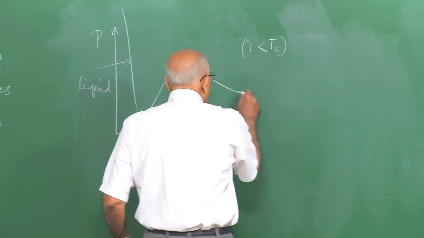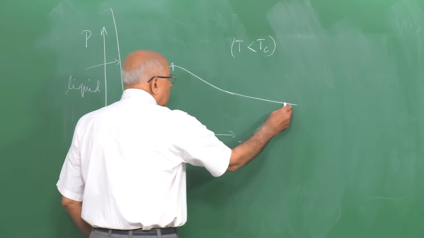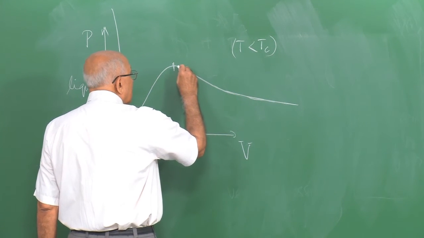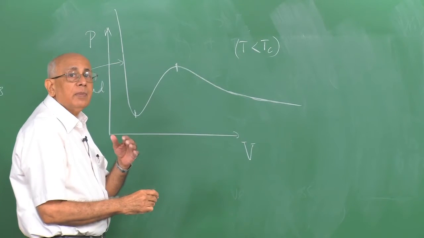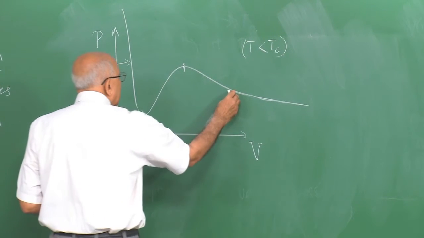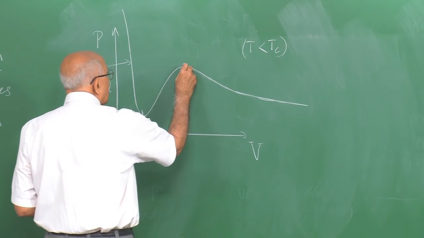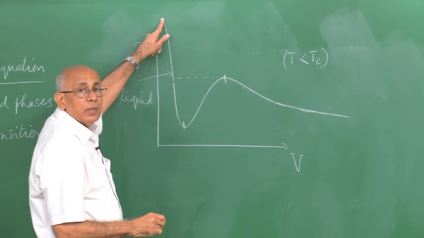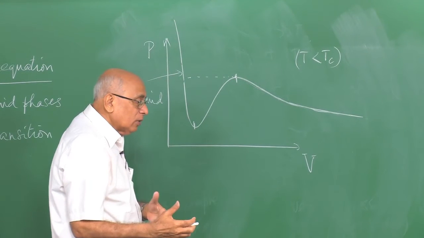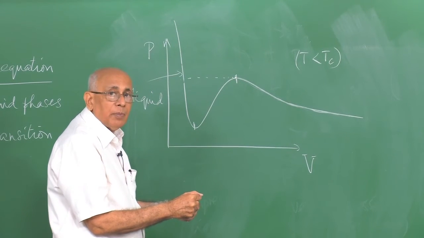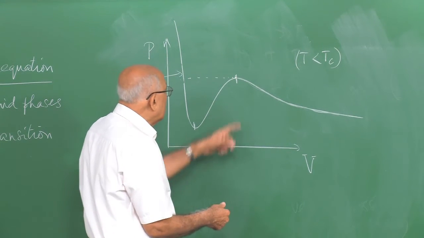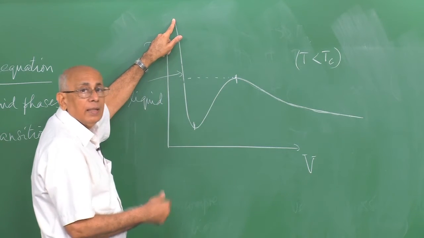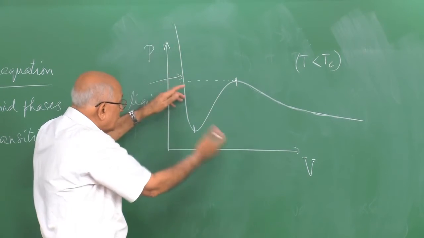It would have the consequence that as you increase the pressure in the gas phase, there should come a stage where the system condenses, and keeping the temperature constant, it would jump here and then move up this isotherm. So if you took the gas phase and compressed it at constant temperature, at this pressure it would become a liquid and thereafter remain a liquid as you increase the pressure further.